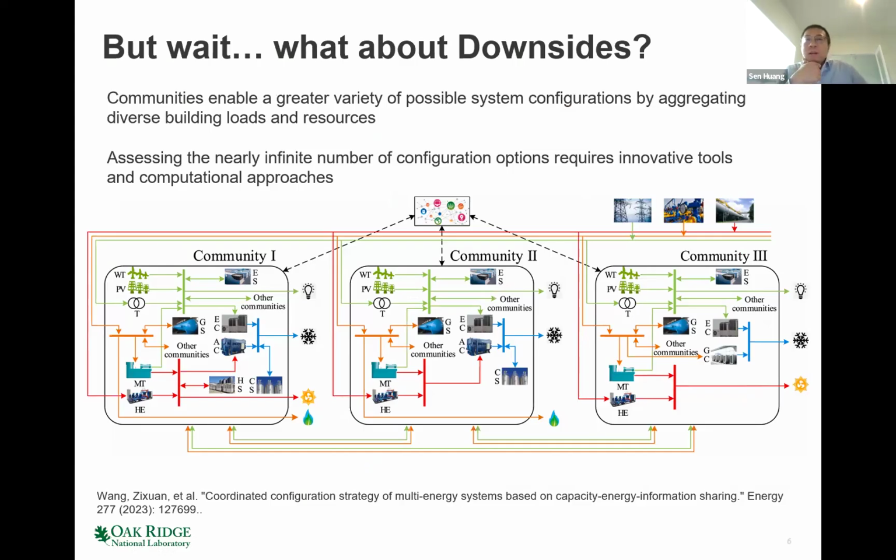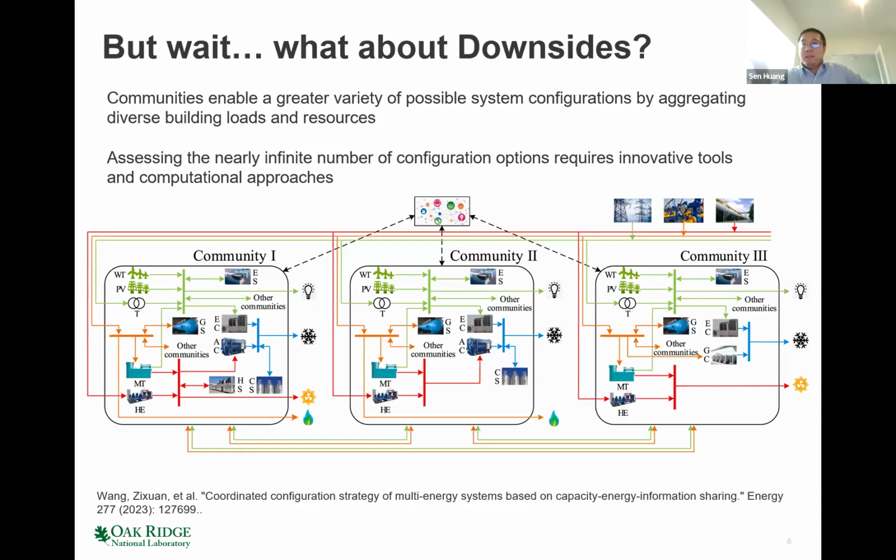The first one is because of the scale. With a larger scale, we are able to provide more options for the system design. But then it comes with a challenge. What challenge? With so many different options, how are we able to make sure we find the best?